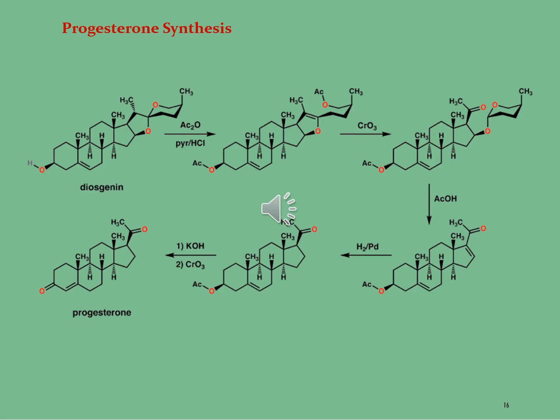In this way, we get the final product, progesterone, in which a carbonyl group is present at carbon 3 position and a double bond is present at carbon 4 position, as well as an acetyl group at carbon 17 position by the addition of two methyl groups. So this is the general mechanism for the synthesis of progesterone, which is known as the in vitro study of the whole procedure.